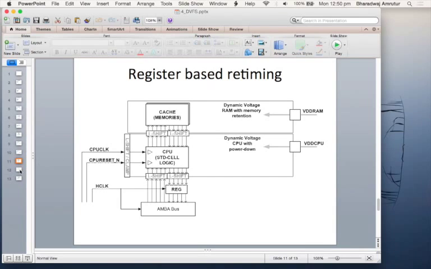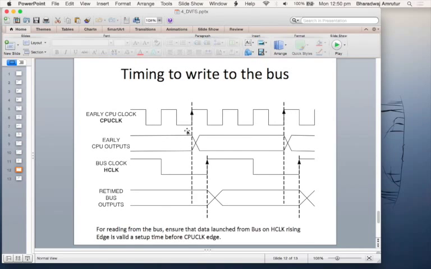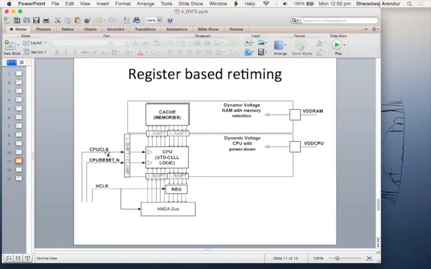Okay, so how does this work? Here, in this case, they ensure that the CPU clock is always earlier than the bus clock.